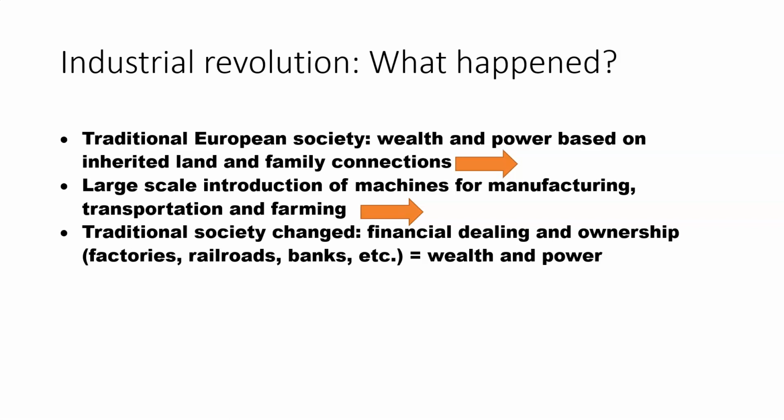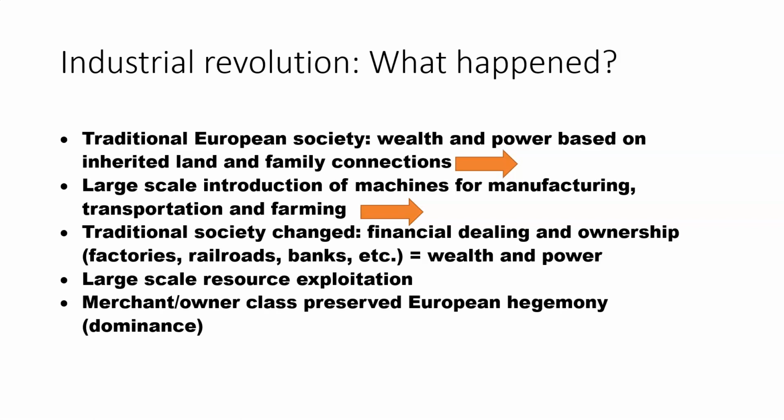Financial dealing and ownership, the ownership of factories, railroads, banks, became the basis of wealth and power rather than land ownership. And to fuel the Industrial Revolution, there was large-scale resource exploitation. We started to use Earth's resources faster than the Earth could replace them. We started to pollute a lot faster than the Earth could absorb it.